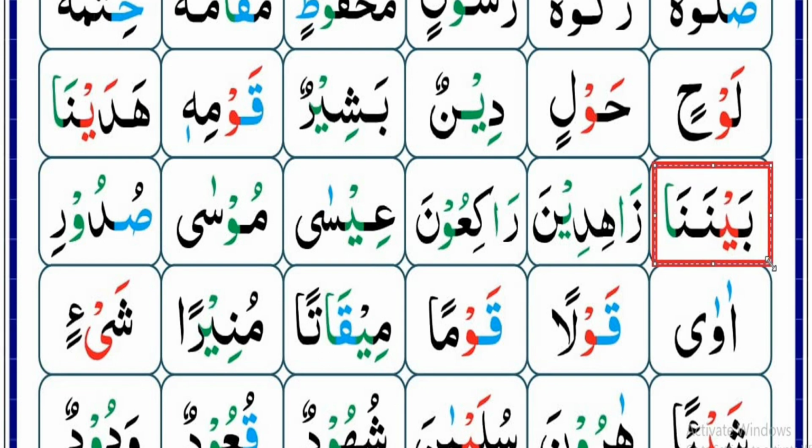So it's baynana. That's how you say. You don't stretch the first sound, but you will stretch the second one. So you cannot say it the other way. That's wrong. The word is baynana. Because there's no reason to stretch the first noon sound. But there is a reason to stretch the second one.